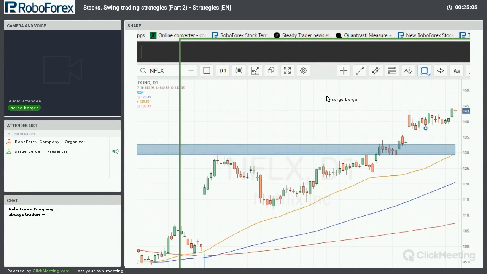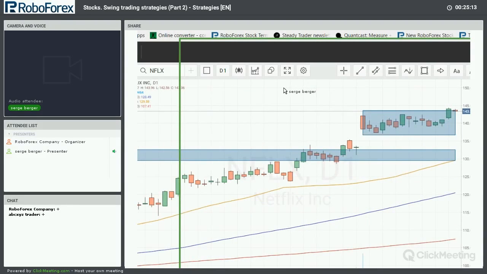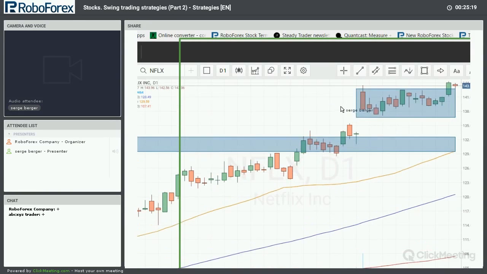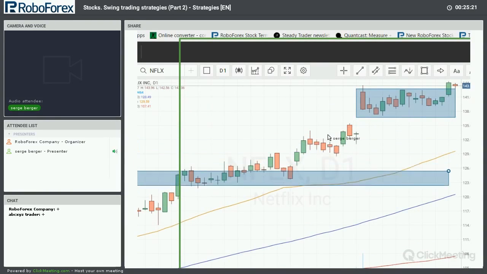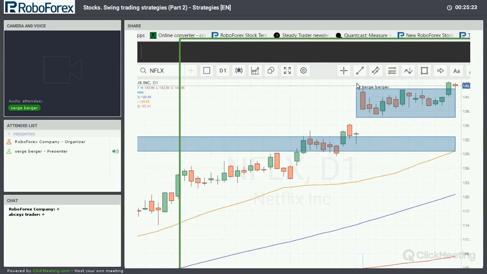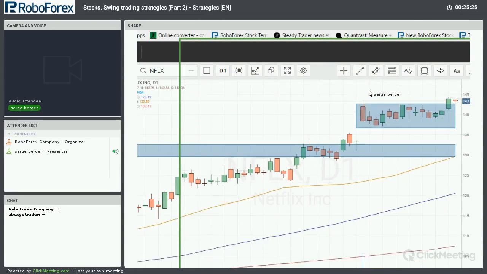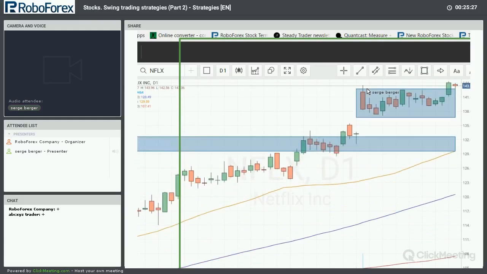So we had the stock do this, right? And then yesterday, if we look even closer, in fact, if we draw the line like this, you can see we actually moved higher, right? So we broke out of this consolidation range, and that's a very powerful thing to see.